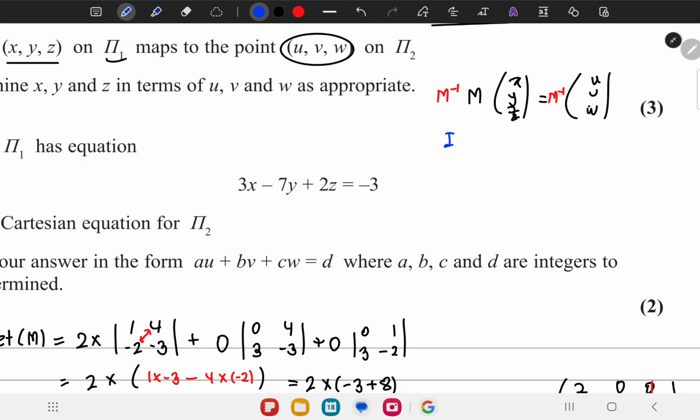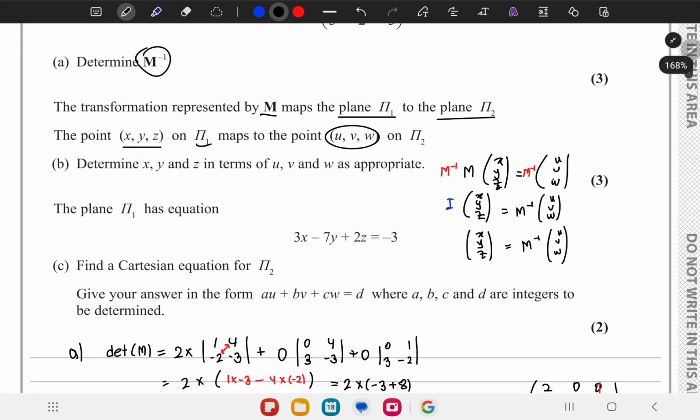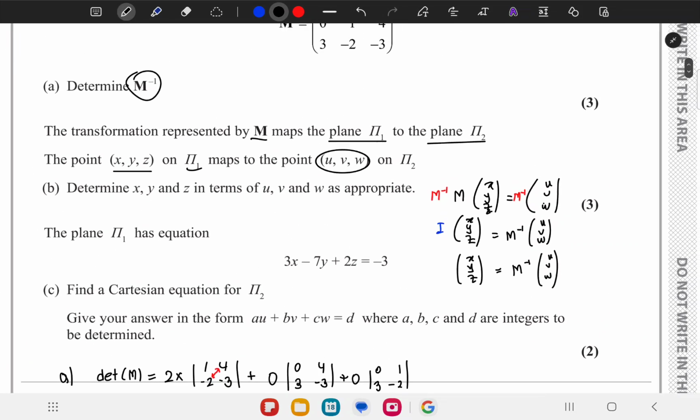M inverse becomes the identity matrix times x, y, z equals M inverse u, v, w. The identity matrix times x, y, z just leaves you with x, y, z, and this is equal to M inverse u, v, w.